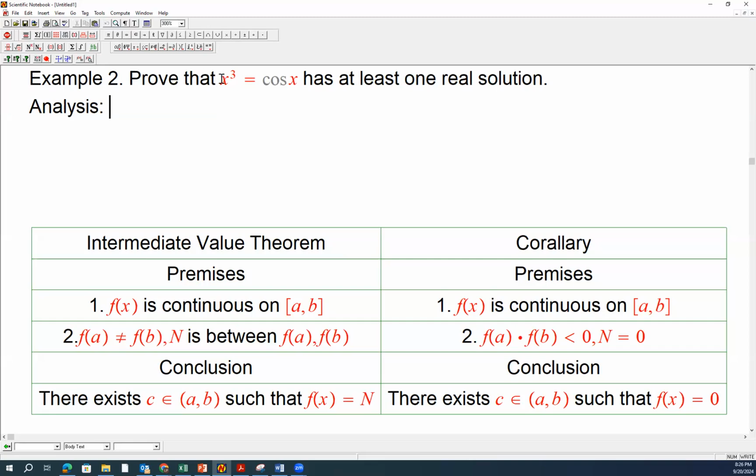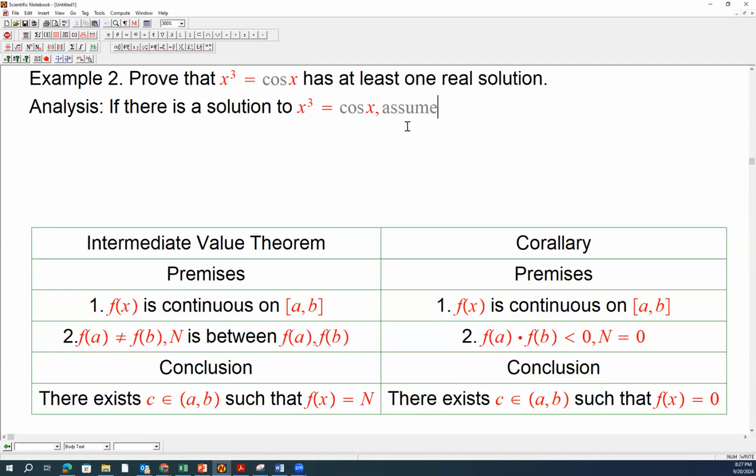How do I identify the function? Well, if they ask us to prove there's at least one real solution, we can assume there is one. If there is a solution to this equation, that means a certain number makes it true.